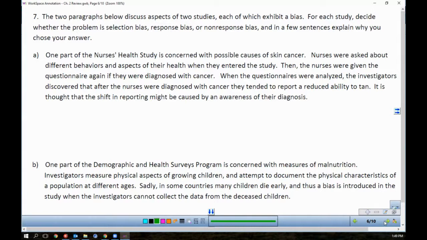When the questionnaires were analyzed, the investigators discovered that after the nurses were diagnosed with cancer, they tended to report a reduced ability to tan. It is thought that the shift in reporting might be caused by an awareness of their diagnosis. So what kind of bias do y'all think this one would have based on that information?